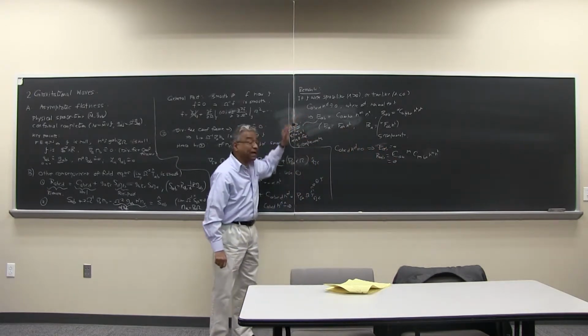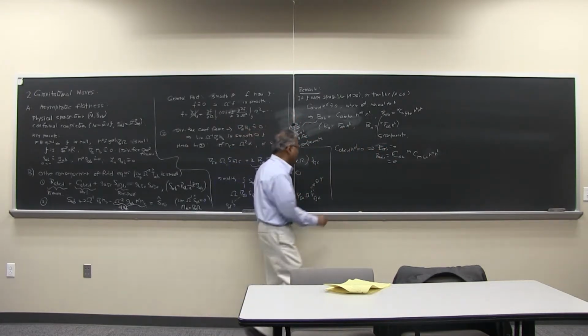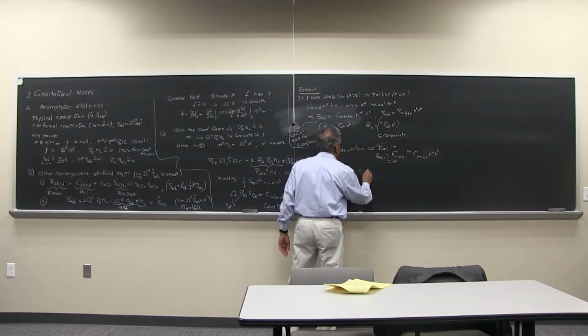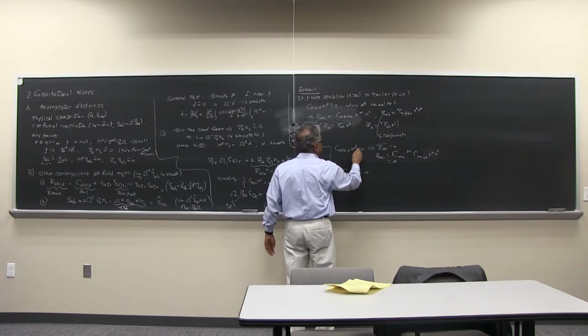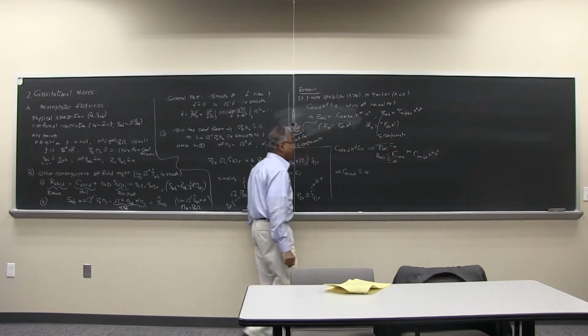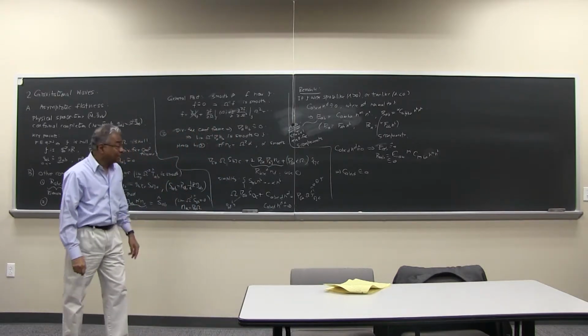So the electric and magnetic parts are both 0 in this case, and therefore it would imply immediately that the Weyl tensor at scri would be equal to 0. So these are all equations at scri, so that will imply this is equal to 0 at scri. Okay.